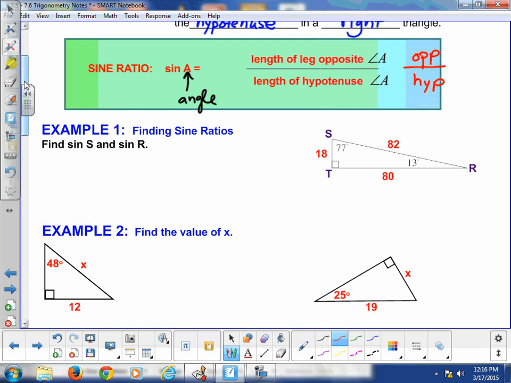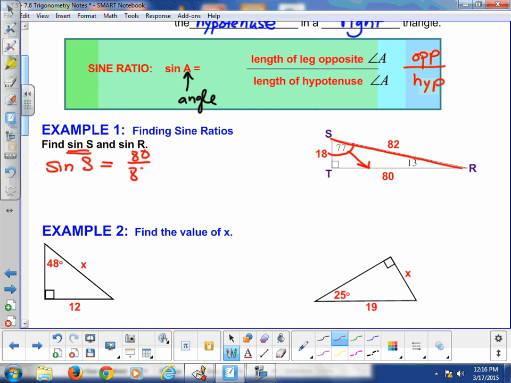So here we are, we're finding the sine ratios. Sine S is equal to, here's my S, looks like a familiar triangle, opposite, starting like the tangent. But remember, sine represents opposite over hypotenuse.